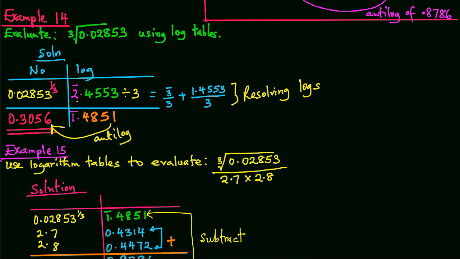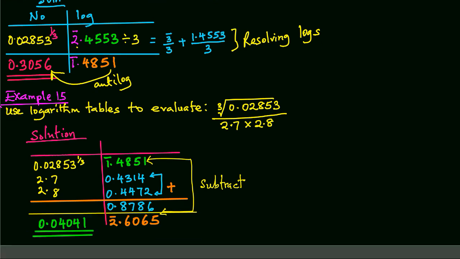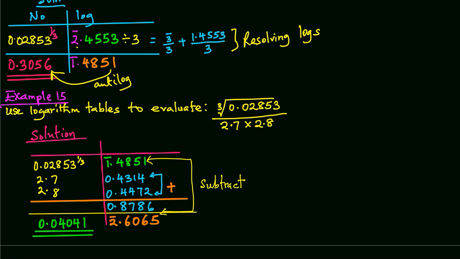So we can still look at another example where we have now several operations together. We want to use logarithm tables to evaluate the cube root of 0.02853 divided by 2.7 times 2.8. So in our numerator, we have already worked out the log of 0.02853 to the power one third, which is bar 1.4851 from our previous example.